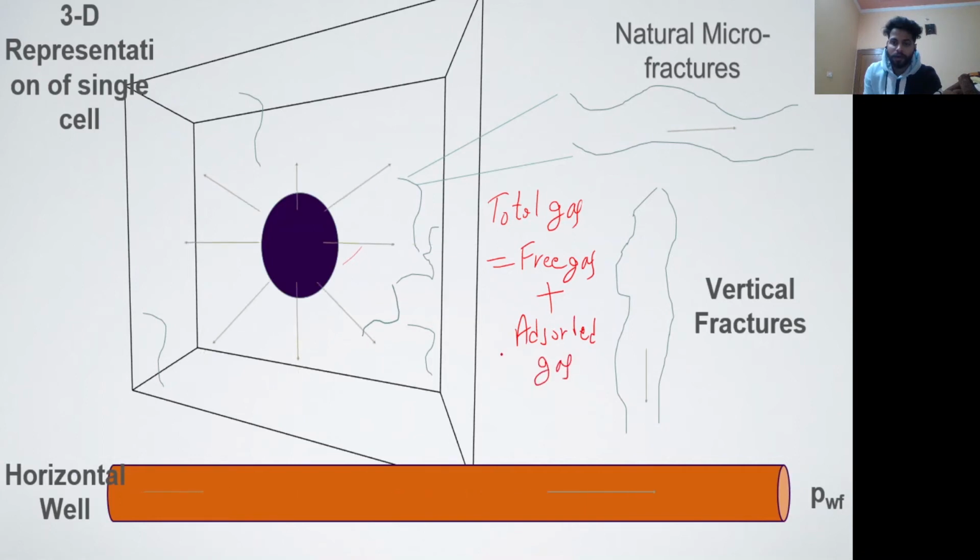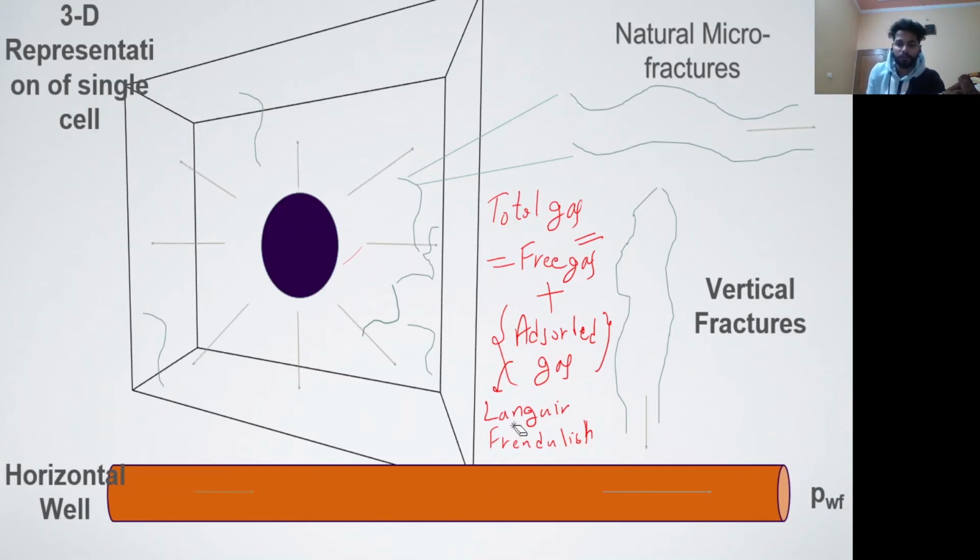Okay. Now, free gas can be calculated through your volumetric method. This adsorbed gas can be calculated using either of the models. It can be calculated using the Langmuir isotherm model or the Freundlich isotherm model, depending on how you are modeling your system. Okay.